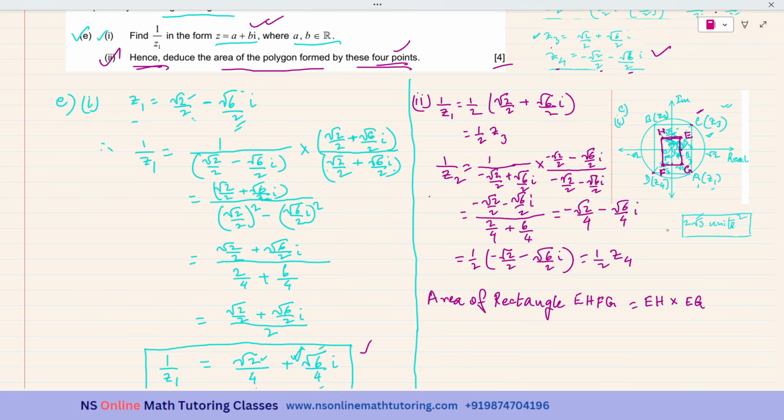Okay. But we are seeing that EH is half of CB. This one is CB. So it is half of CB, times half of EG, and EG is what? CA.